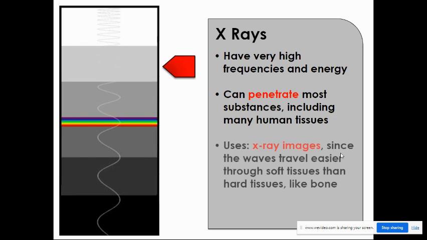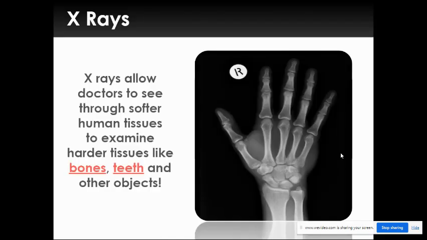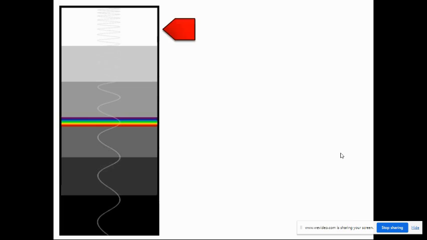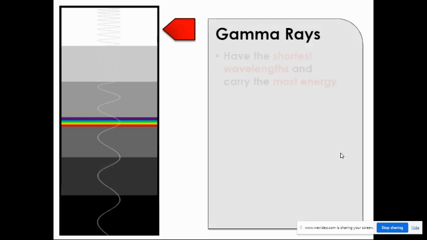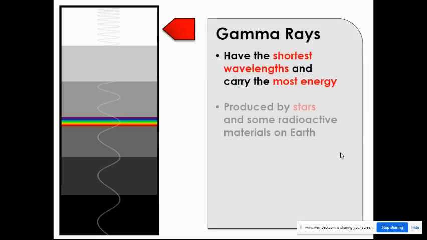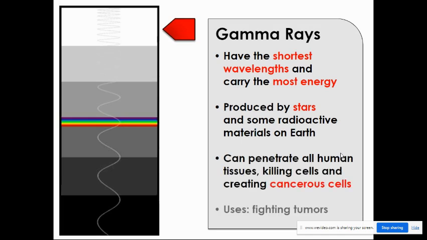Finally, X-rays. You should know they are able to penetrate tissues and be able to see inside the body. You can see bones, teeth, and so on. Higher energy. And then the highest energy rays are gamma rays. They have the shortest wavelengths, the most energy. They're produced by stars and nuclear explosions.